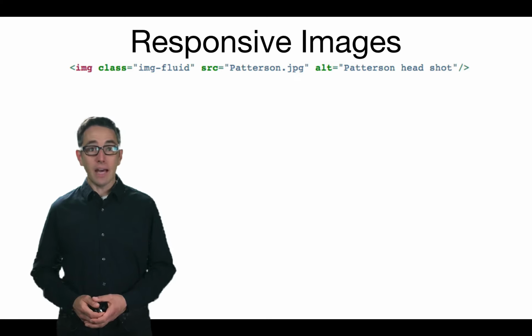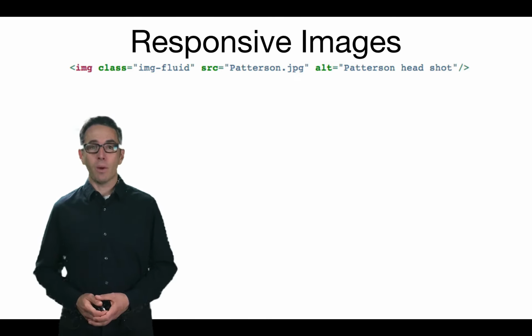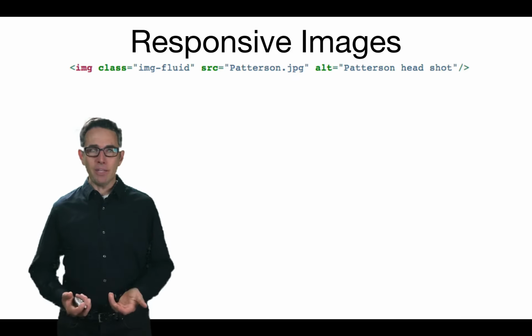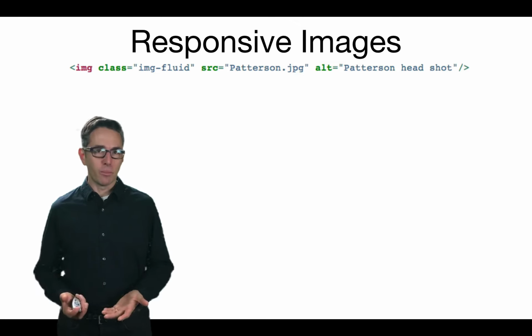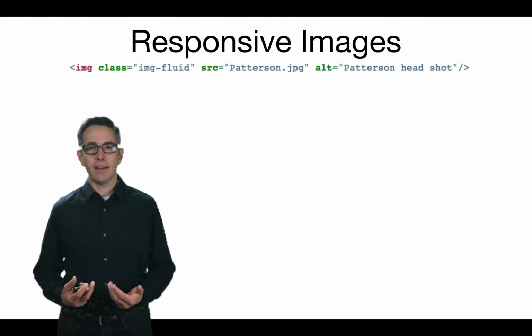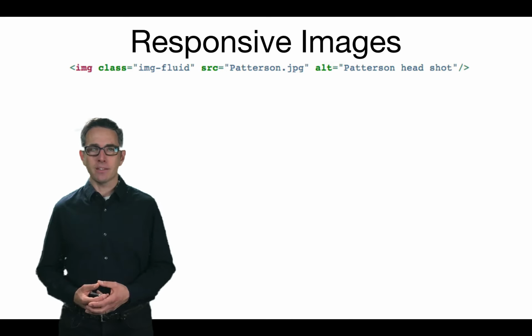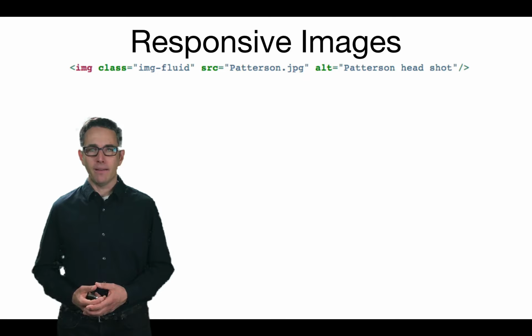Bootstrap has a lot of different features, and there's just one more that I want to touch base on, and that's the ability to have responsive images. So in this case, we're giving an image tag, in addition to the normal stuff like the source of the image and an alternative text description of the image for accessibility purposes, the class whose value is img-fluid.